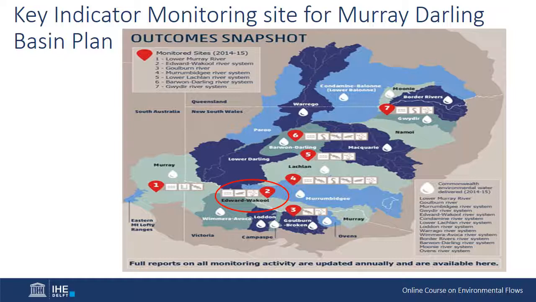Number 3, to infer ecological outcomes of Commonwealth environmental watering in areas of the Murray-Darling Basin not monitored. Number 4, to support the adaptive management of Commonwealth environmental water. And 5, to monitor the ecological responses to Commonwealth environmental watering in each of the 7 selected areas.